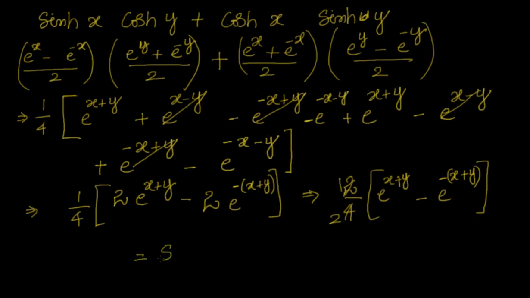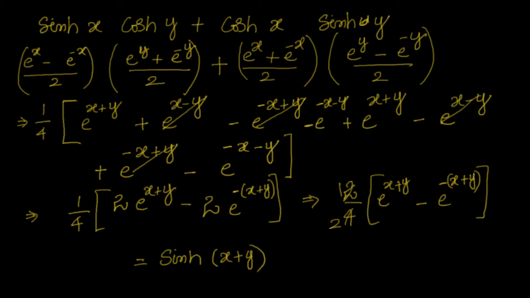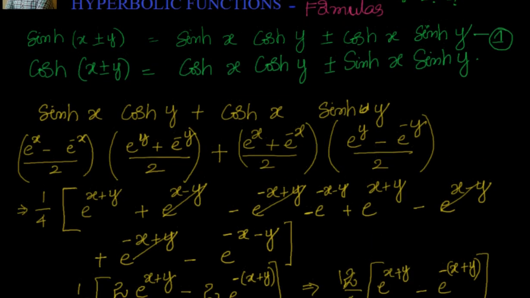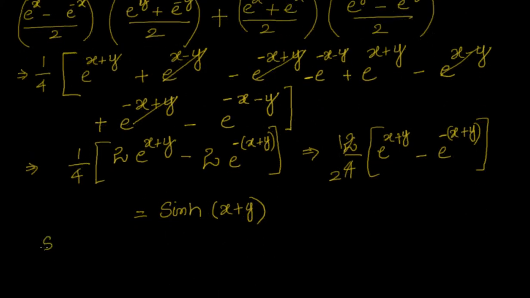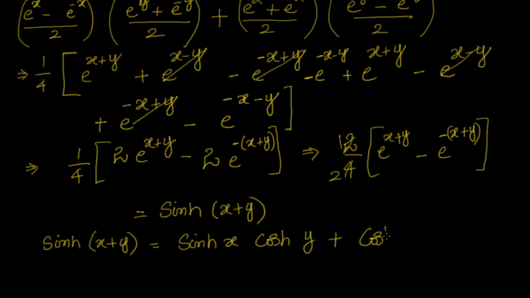That's nothing but equal to sinh of x plus y. So you can see that now sinh x cosh y plus cosh x sinh y equals this. So what we have proven is sinh(x+y) is equal to sinh x cosh y plus cosh x sinh y.